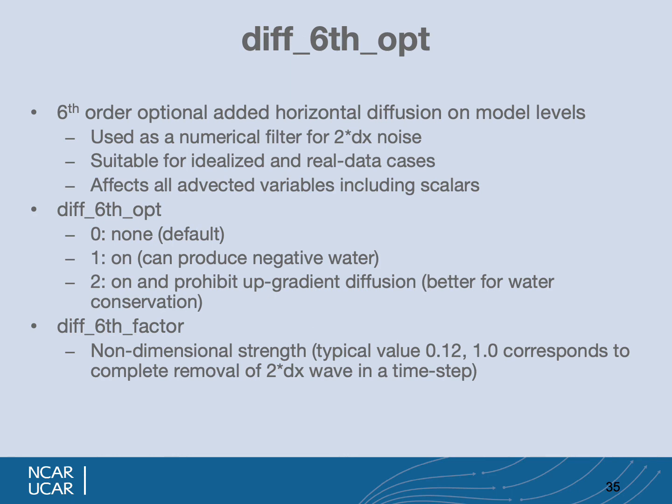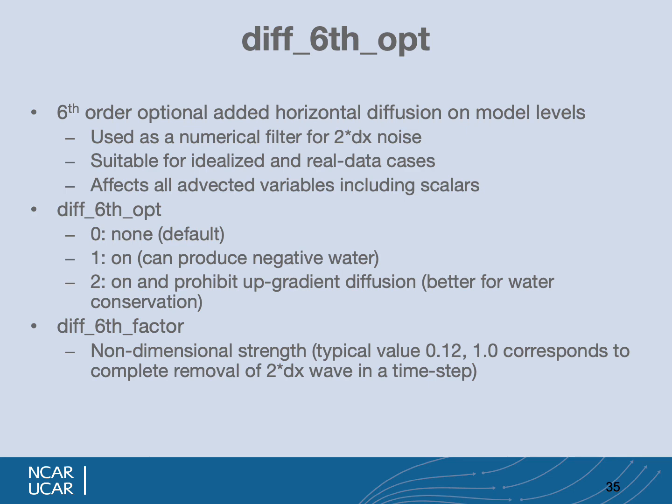We do have a filter option which is normally turned off called diff_6th_opt. It's a 6th order diffusive type term, del to the sixth. It's an effective way of removing 2 delta x noise. It's suitable for idealized and real data cases and affects all advected variables, including scalars. There are 3 ways of running this.